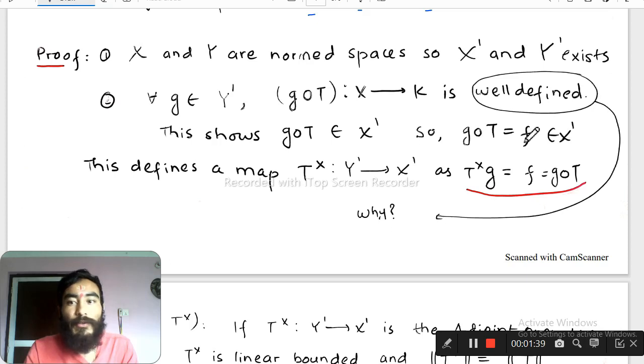So g o T equals f for some f belonging to X dash. And this defines a map T star, from Y dash to X dash, such that T star g equals f.